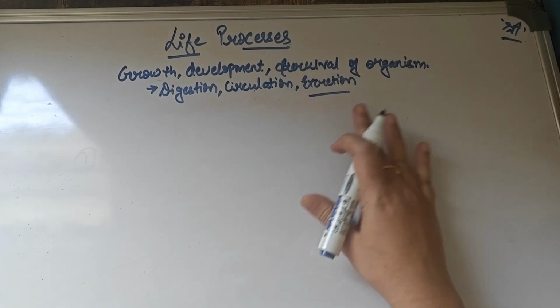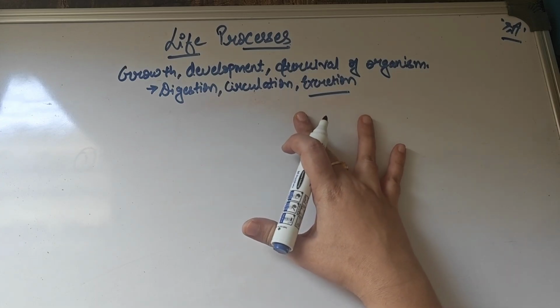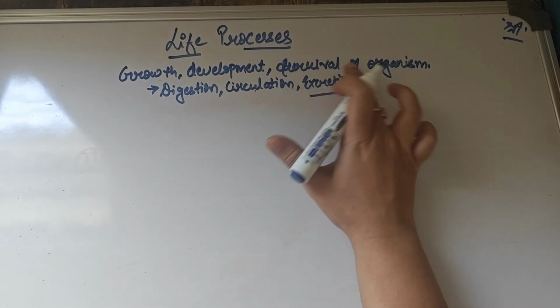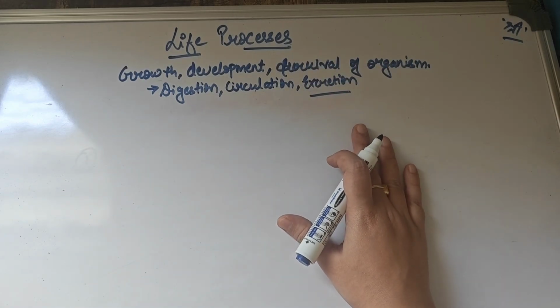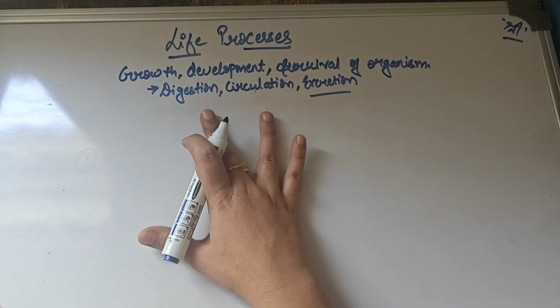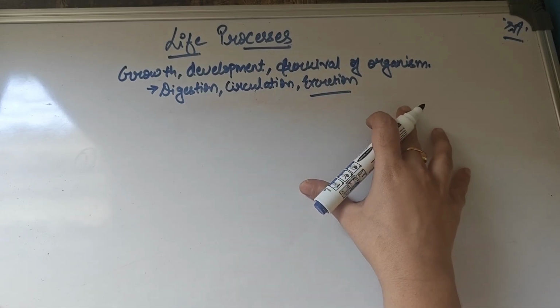So the process of excretion is important, which involves removal of the waste. If this won't get excreted out, the toxic substances will get accumulated in your body, and then again it will hamper the survival. So these are some processes that happen in our body which are important for growth and development definitely, but if they won't happen at the pace they should, then it will come onto the survival of an organism. So this is what is meant by life process.